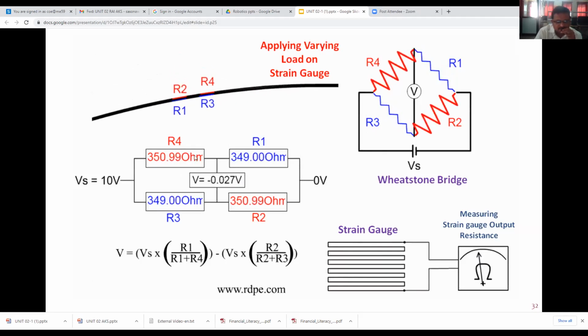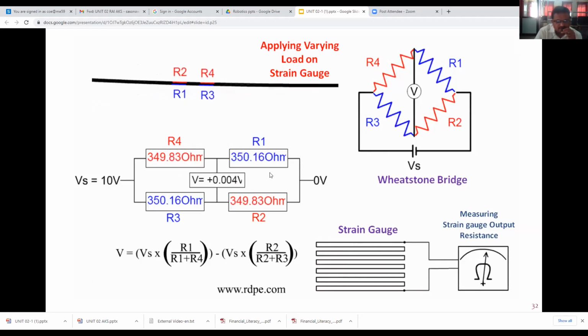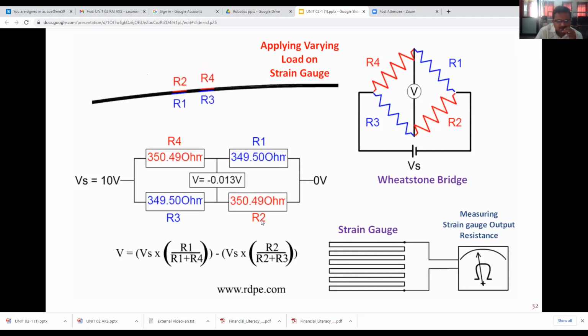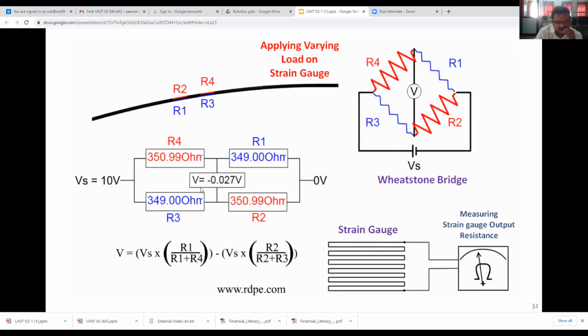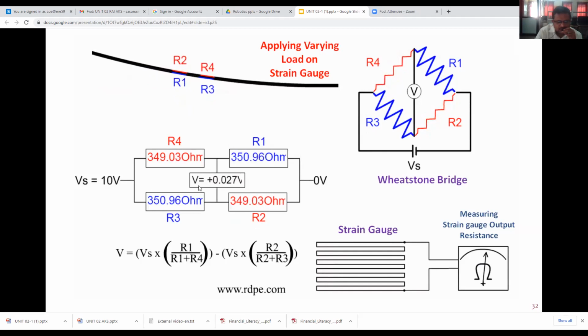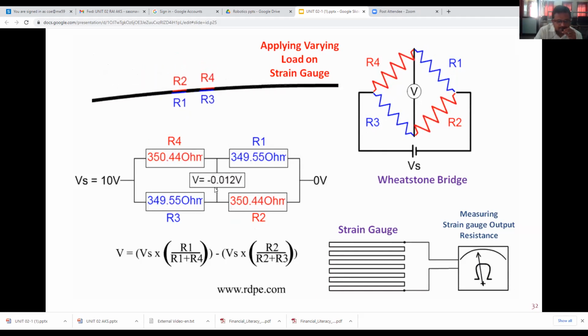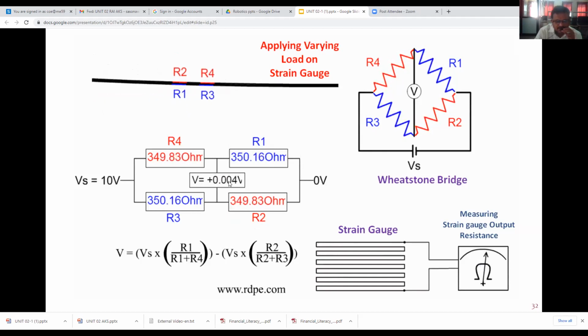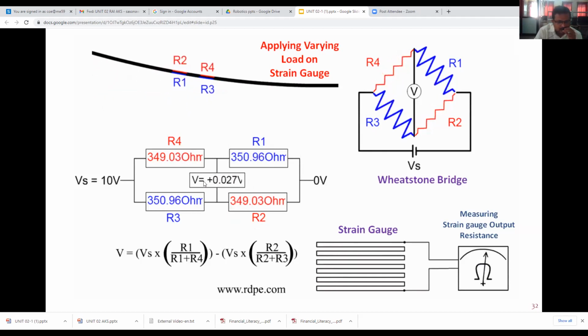Now you are observing the change in the values also, how the values of the different resistances are changing and how you are getting the voltage V, that is the output voltage. Therefore this output voltage is directly calibrated in terms of force and we are getting the value of the force.